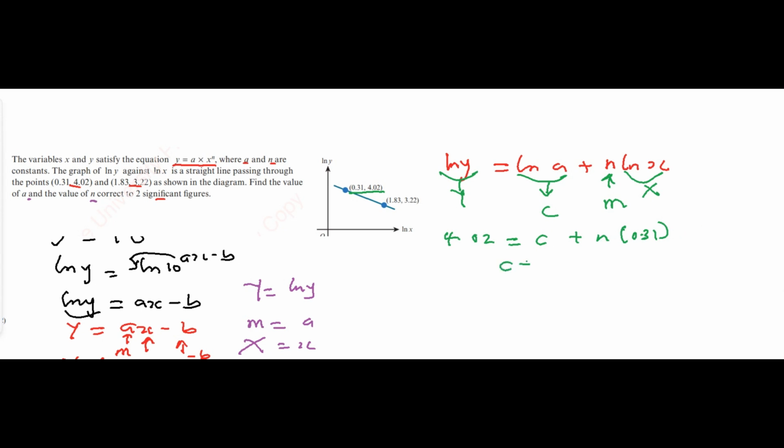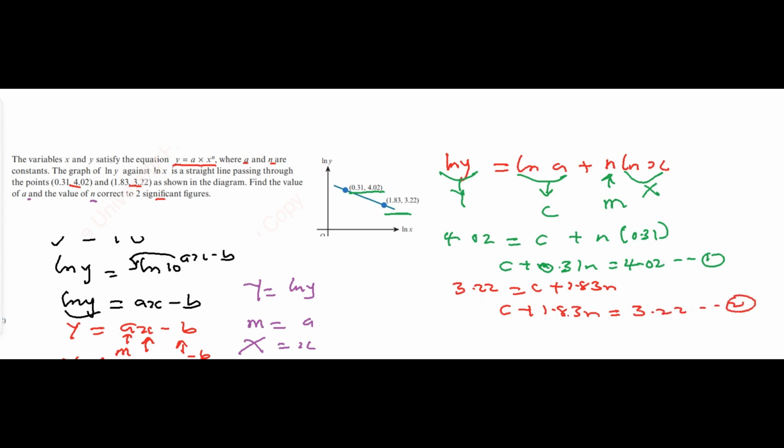I can write this as C plus 0.31 N equals 4.02, equation 1. So let me do it for the second one. For that point, I will have 3.22 equals, my C remains C, and I will have 1.83 N. So I can rewrite this as C plus 1.83 N equals 3.22, equation 2.